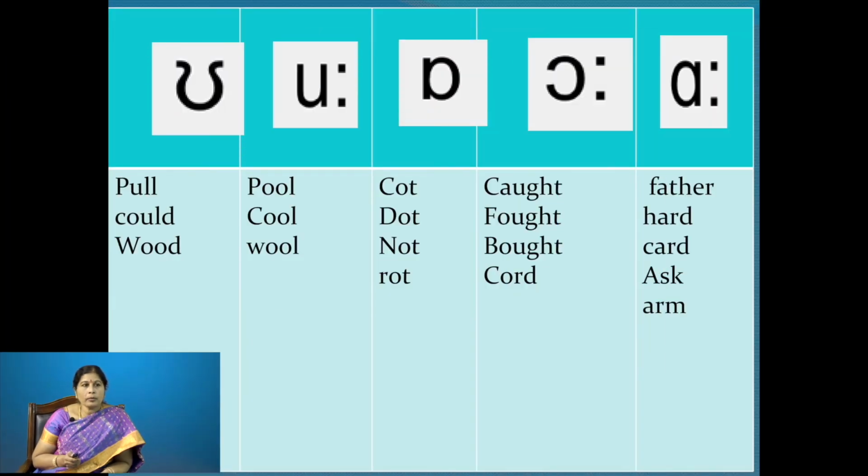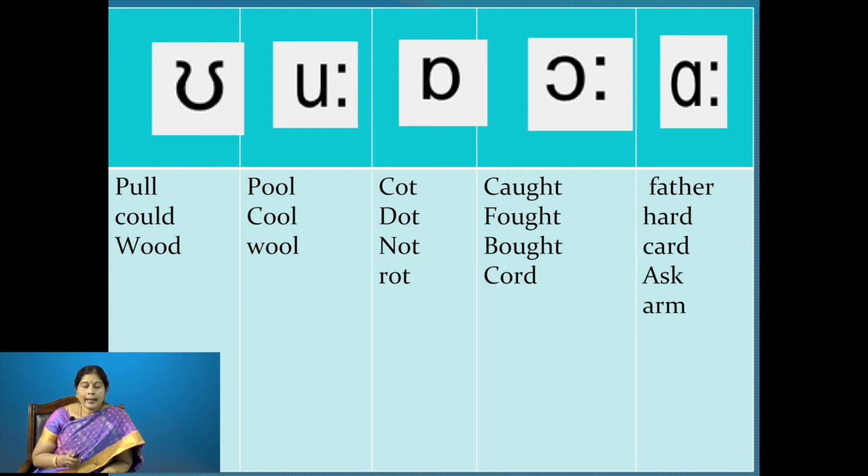Now let us look at the back vowels. Back part of the tongue is raising, and what are these vowels? U like in pull, could, would. The longer vowel: pool, cool, wool. Then like in dot, not, rot.